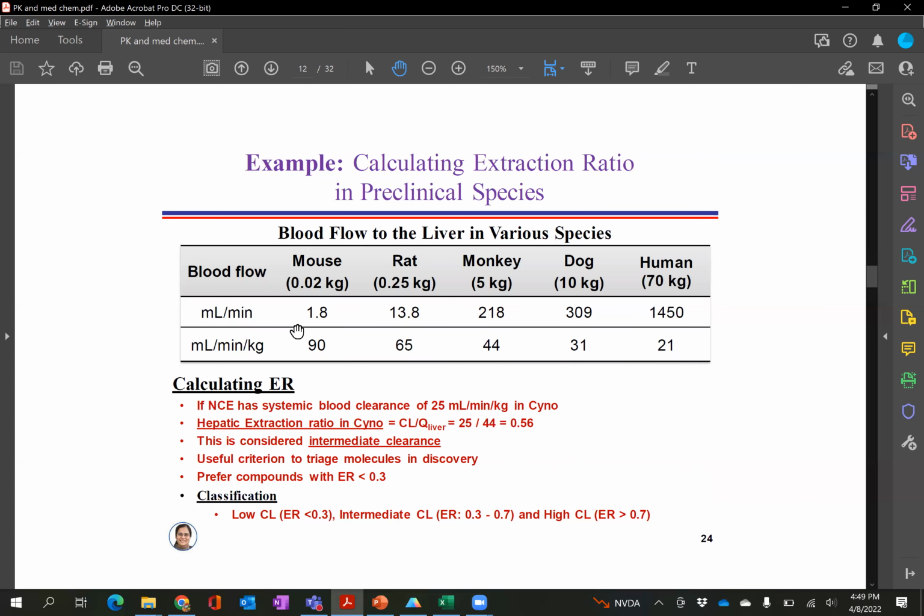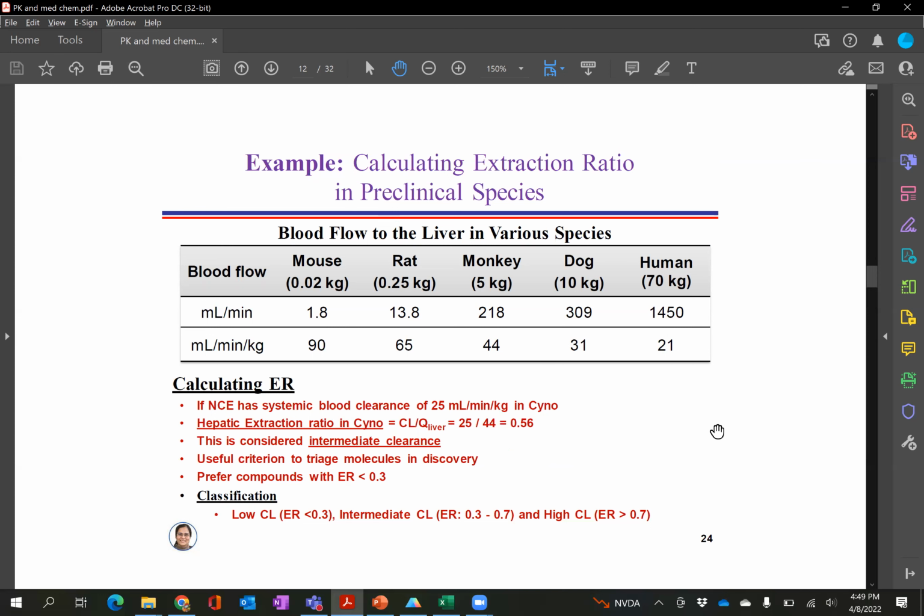What does 0.3 mean? In mouse, you should have clearance less than 27, and in human, less than 6.3. If you're larger than that, the extraction ratio is greater than 0.3, and they consider it a high clearance drug.